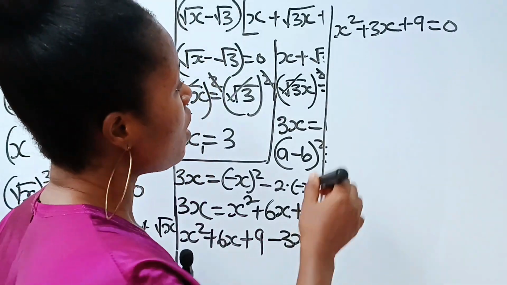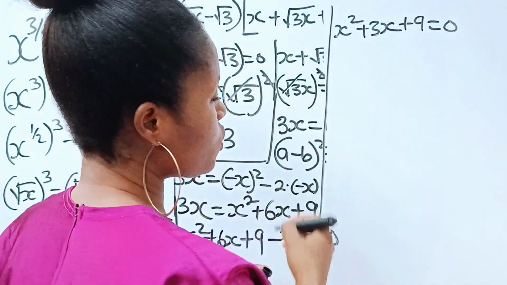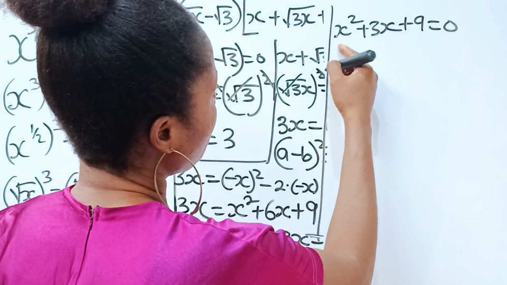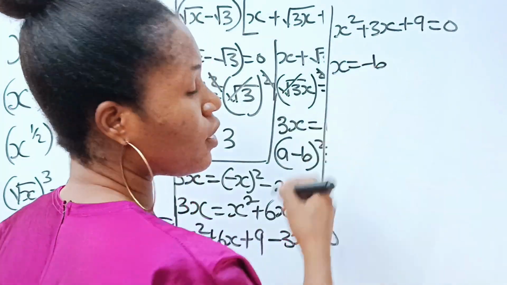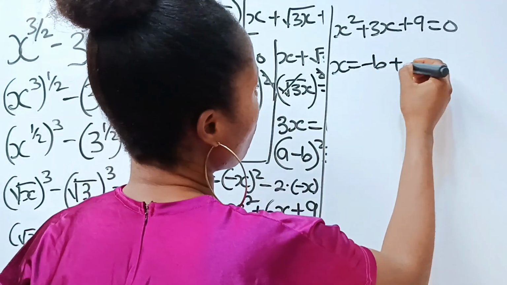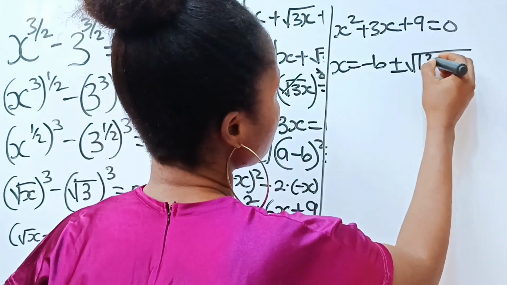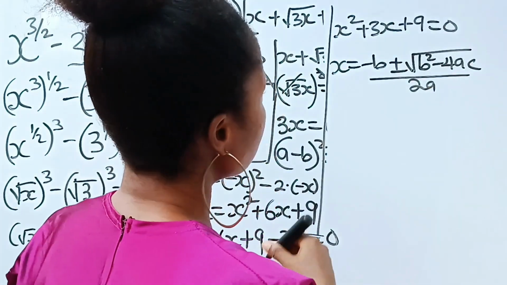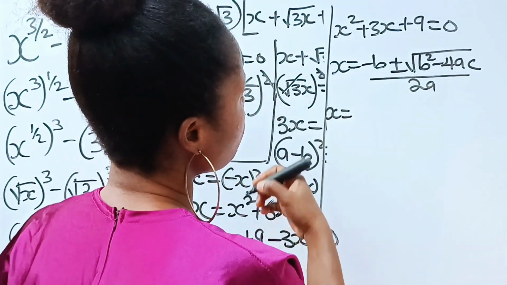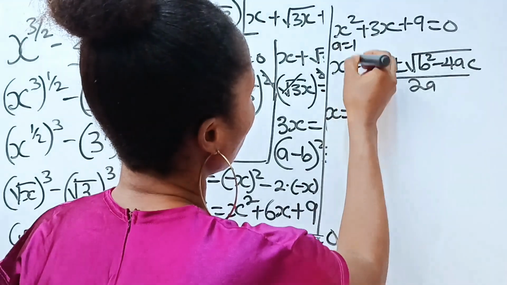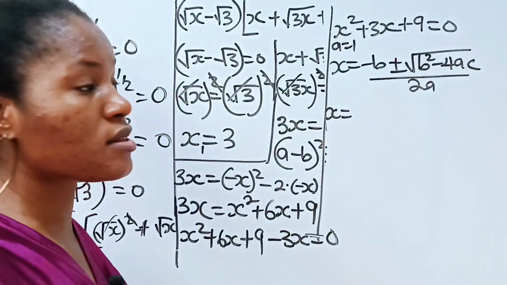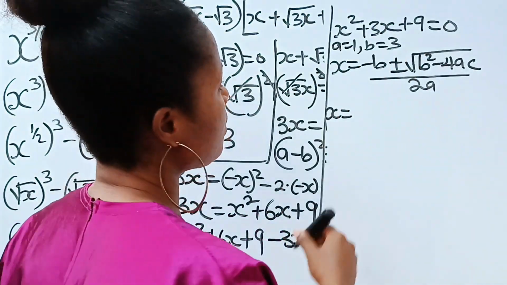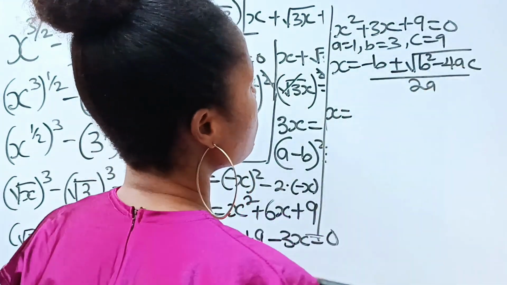Now like I said, we are going to use the quadratic equation formula that states that x is equal to minus b plus or minus square root of b squared minus 4ac all over 2a. So that simply means that x is equal to, now here our a is equal to 1, that is the coefficient of x squared. Our b is equal to 3, the coefficient of x, and our c is equal to 9.